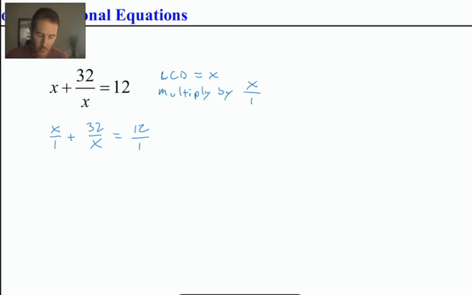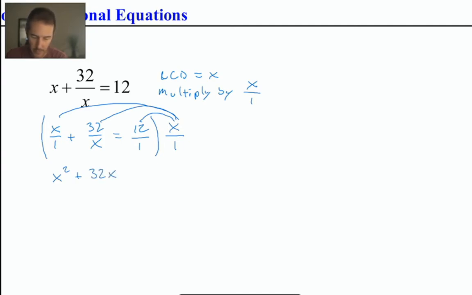All right, now let's multiply the entire thing by the LCD over 1. And as we distribute this x to all of the numerators, we end up with x squared over 1 plus 32, times the x, and that equals 12 times the x.